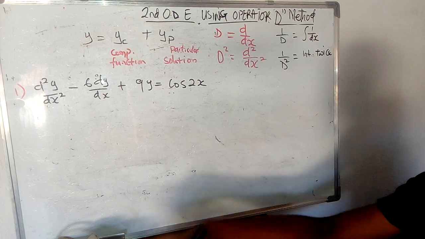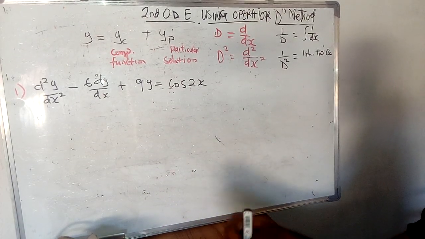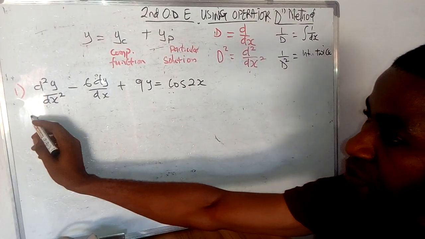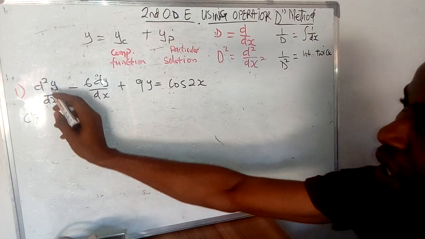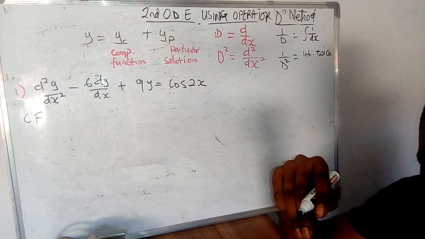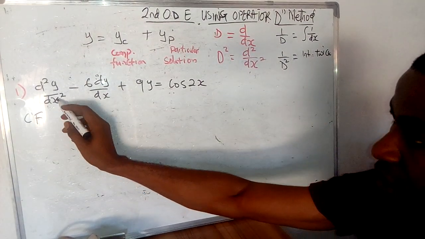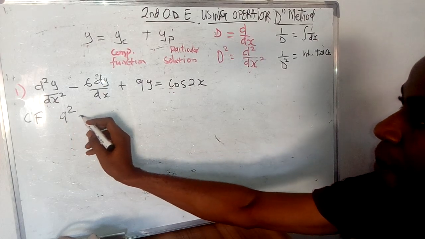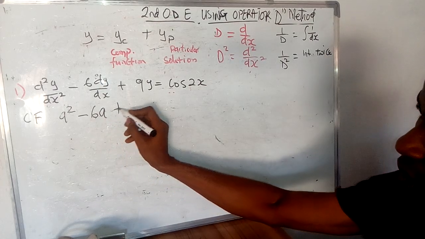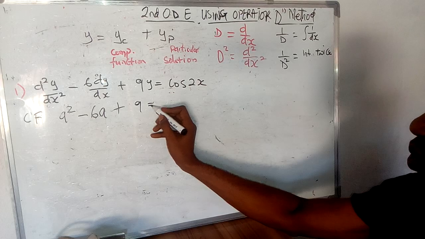So, given this problem, we start by looking for our complementary function. Let's replace this with a letter of the alphabet, say a. So this will be a squared minus 6a plus 9 equals 0.